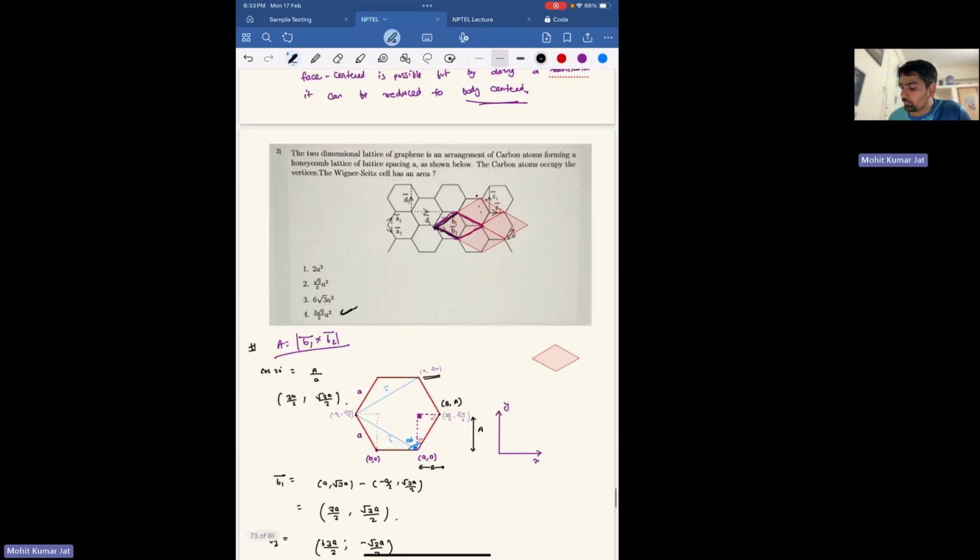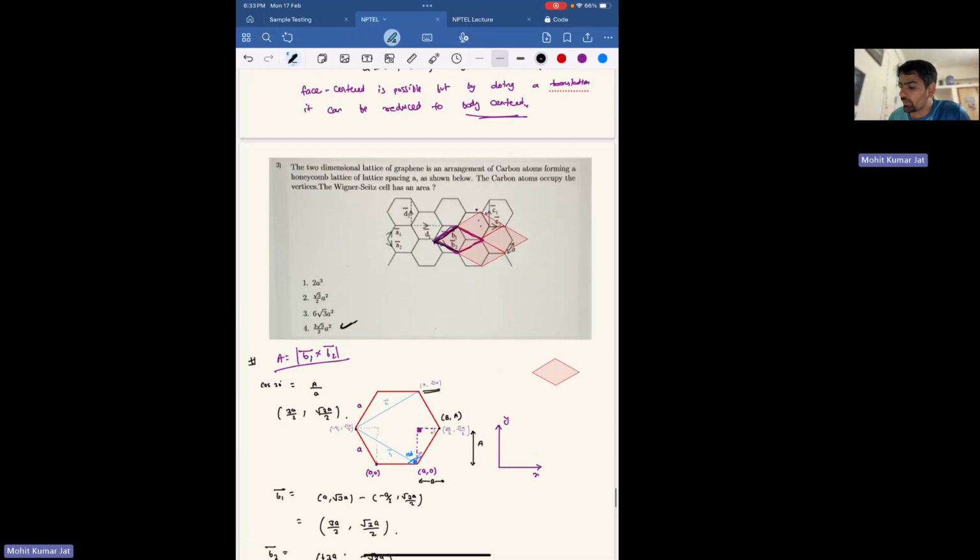Let's revise it. The given lattice is of graphene, which is a two-dimensional material. Yes, it does exist in real life, and there is ongoing research on graphene systems, ranging from quantum Hall, fractional quantum Hall, anomalous Hall effect, ferroelectricity, and it has shown a multitude of physics.